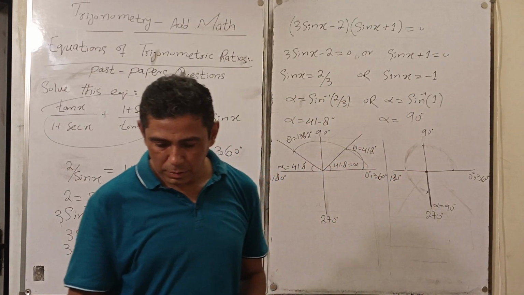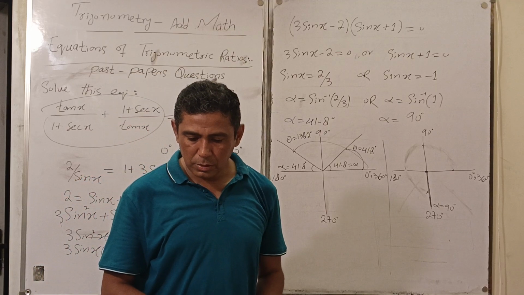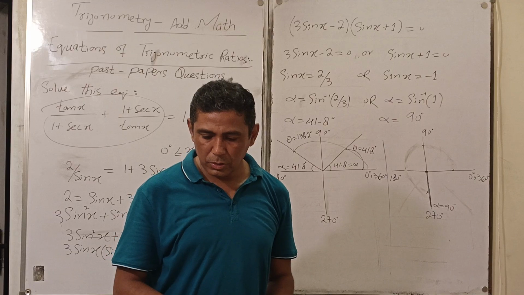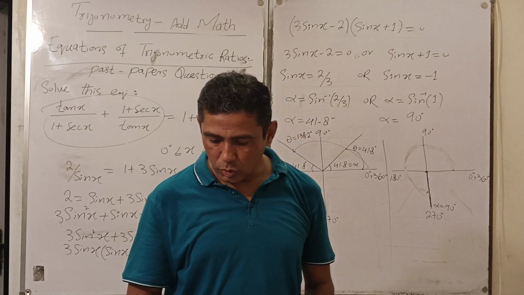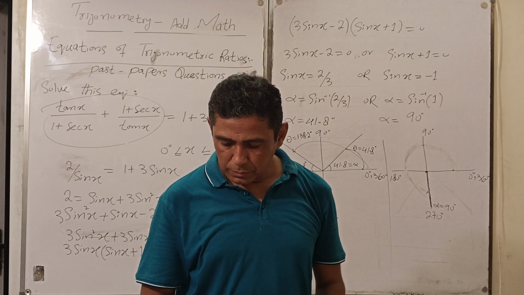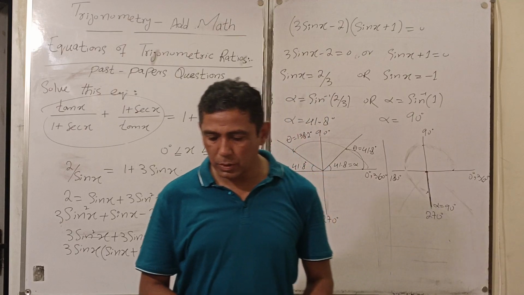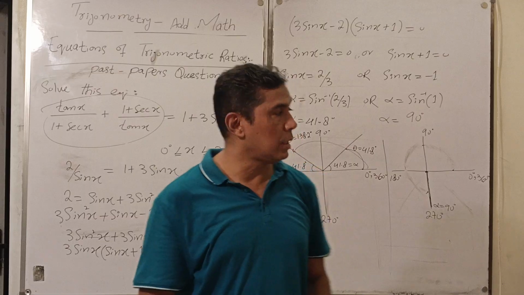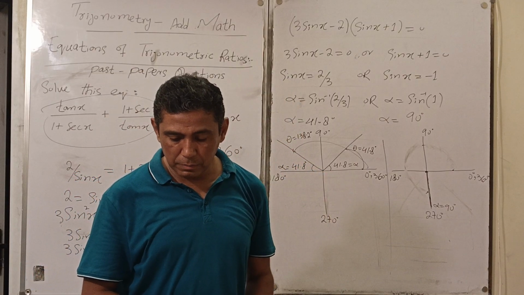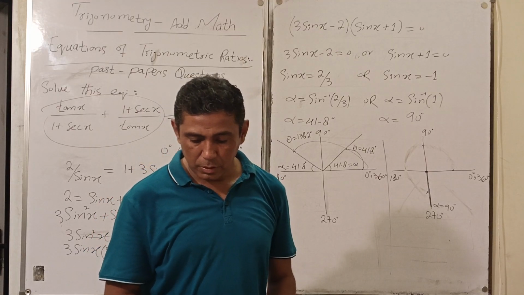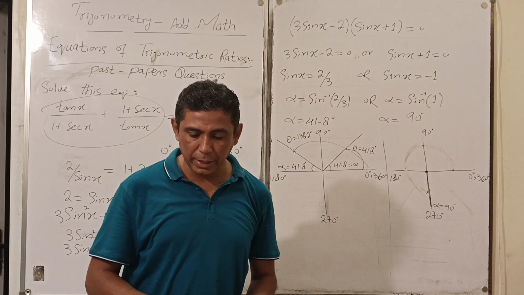Look at this one. Sine x is minus, so the inverse value of alpha is 90.